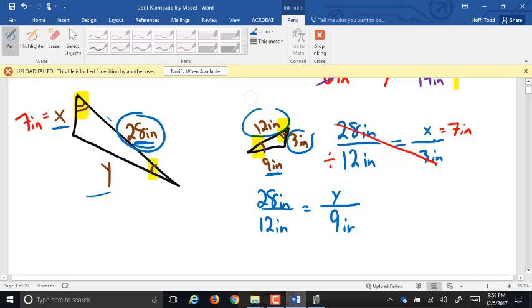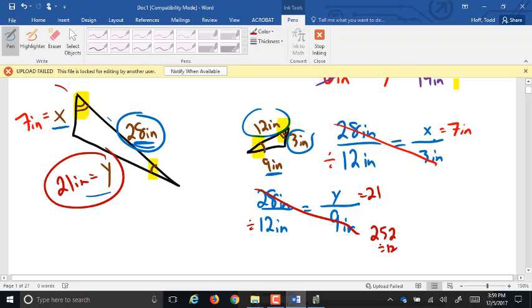We will cross multiply and divide. 28 times 9 is what, 252? Divided by 12 is 21, I believe. So y is 21 inches. Any questions there?